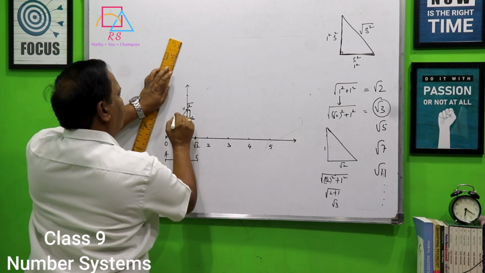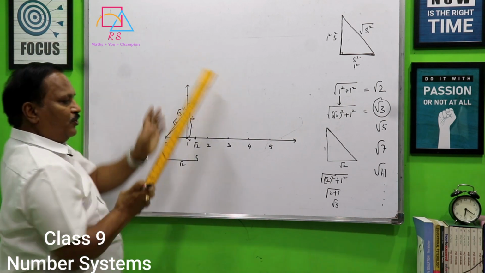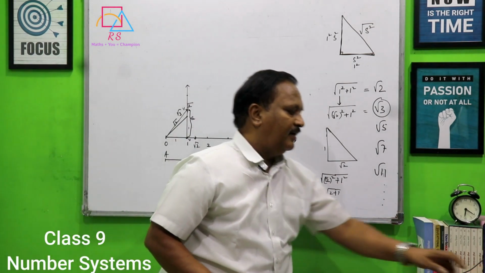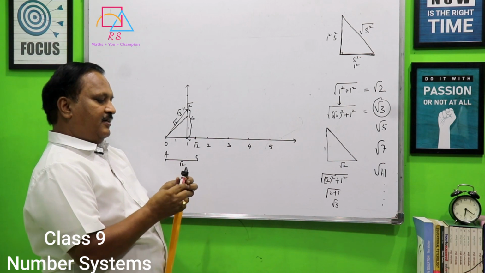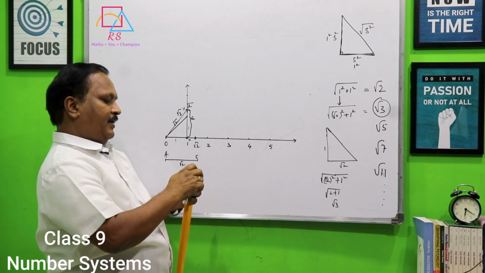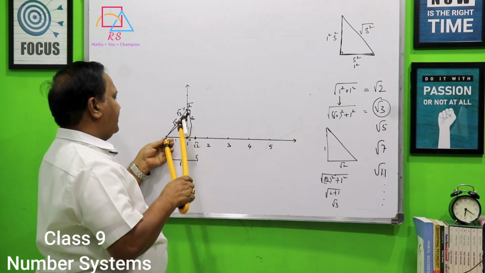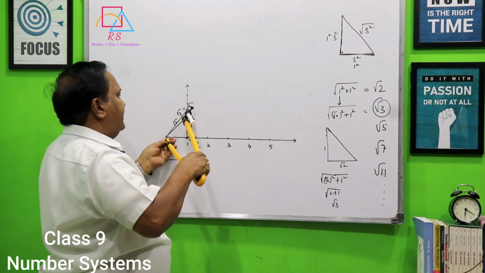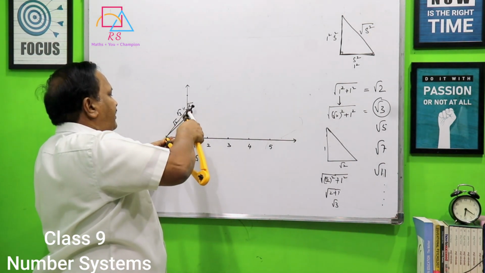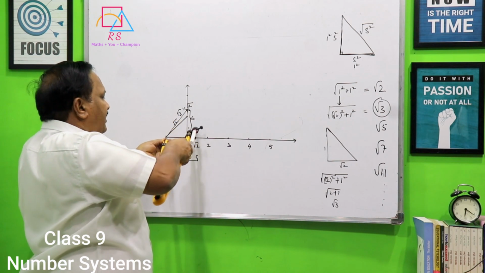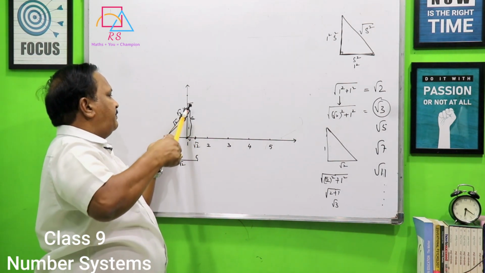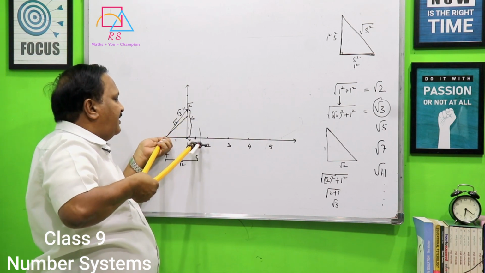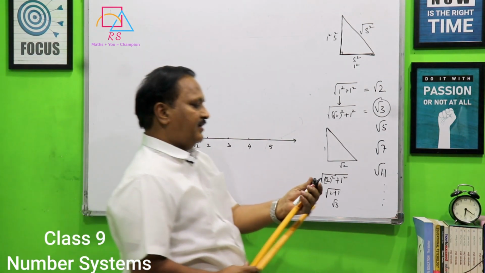So now I have got root 3 as one length. Again I will take the compass, and I will measure this root 3. I got it, and then you have to be very careful because mine is a slippery surface. This is root 3.